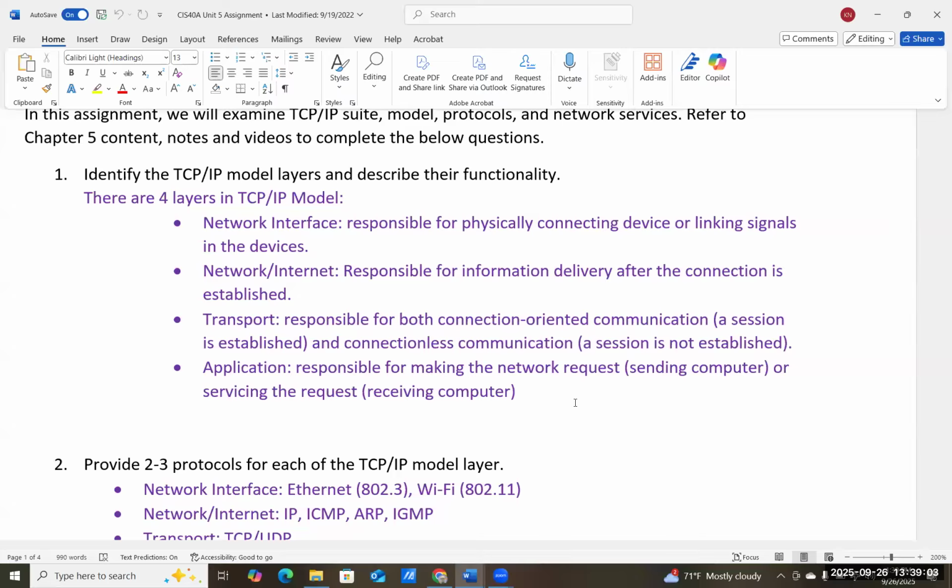The internet layer, which is what we see with layer 3 in OSI, is mostly used for IP addressing and routing. It is basically responsible for the delivery and the connection that is established.